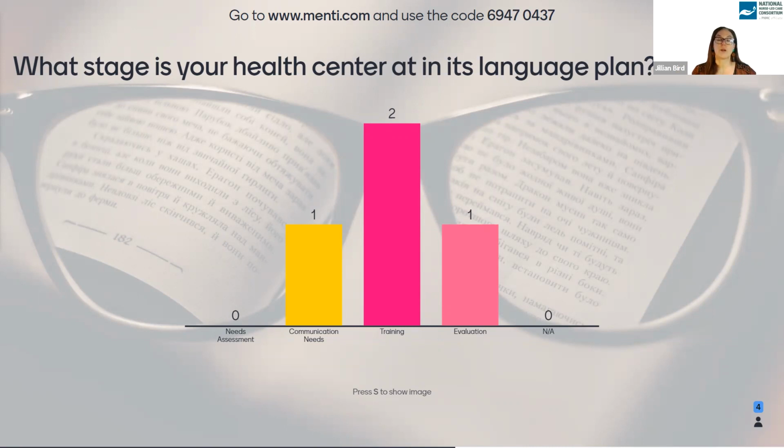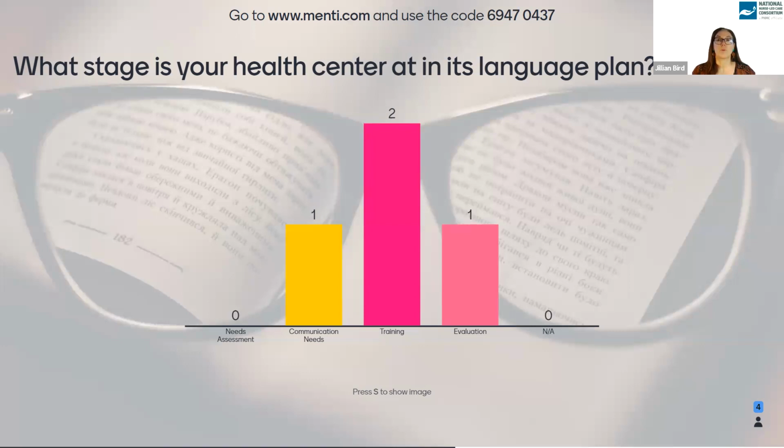Oh, that's great, Barbara. Barbara writes, we've been working on different strategies to address language barriers at our hospital and are in the process of creating a language committee.